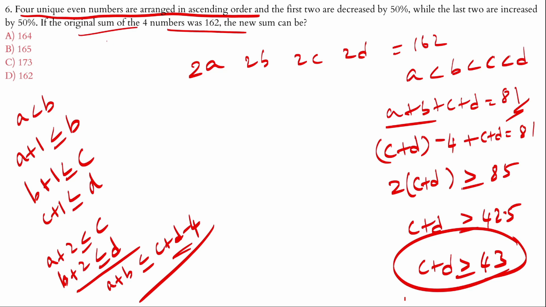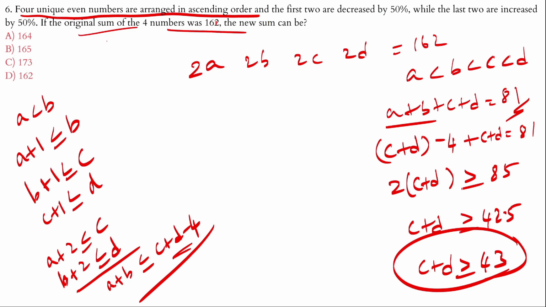So they are natural numbers, so it shouldn't imply that c plus d is in decimal form. So we must imply that c plus d is greater than or equal to 43. That's the nearest value possible.